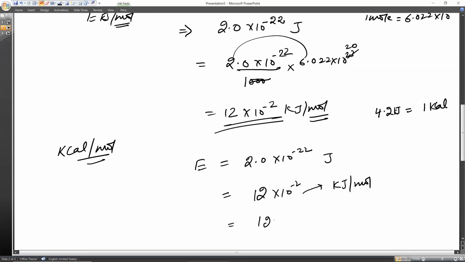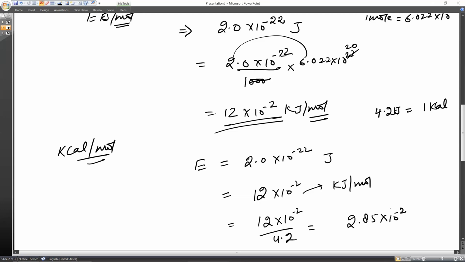So you have to divide it by 4.2, and whatever the answer comes, it will be the answer. Got it? Yes, sir. 2.85 into 10 power minus 2.